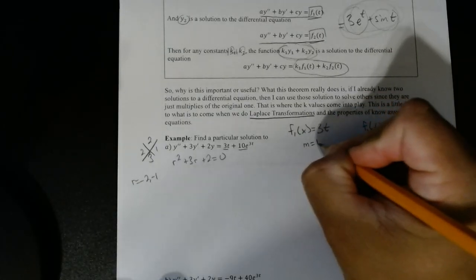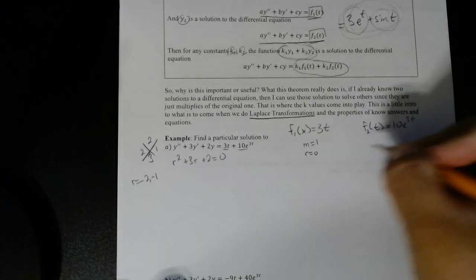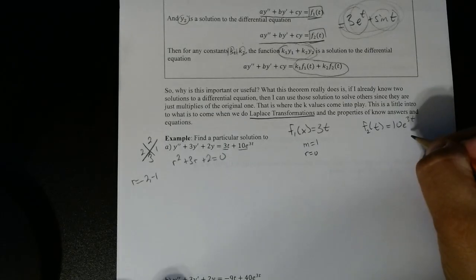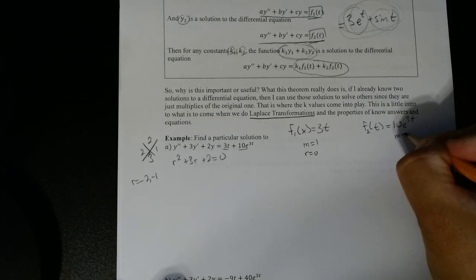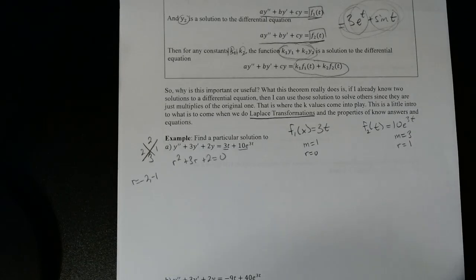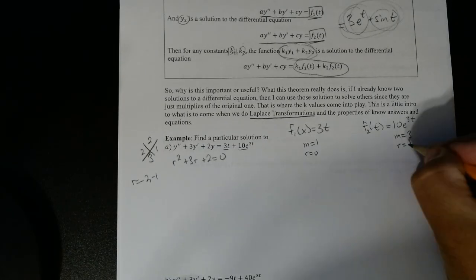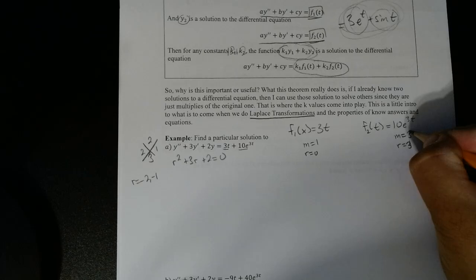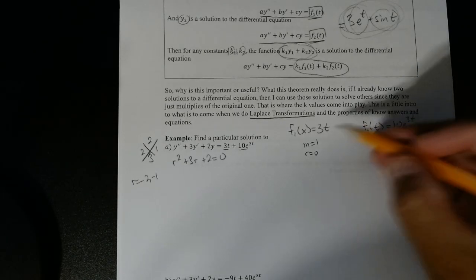Going back, in this case our m value is going to be 1 and our r value is going to be 0, and in this case our m value is going to be 0 and our r value is going to be 3. Sorry, this m is 0, actually. We don't have a t power, so it's 0.